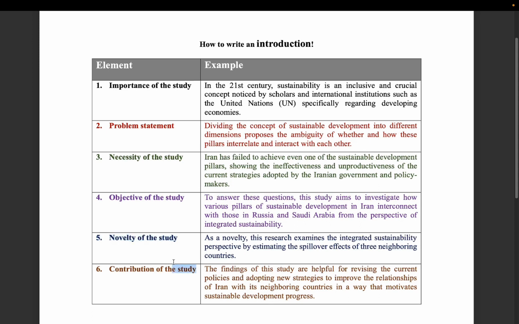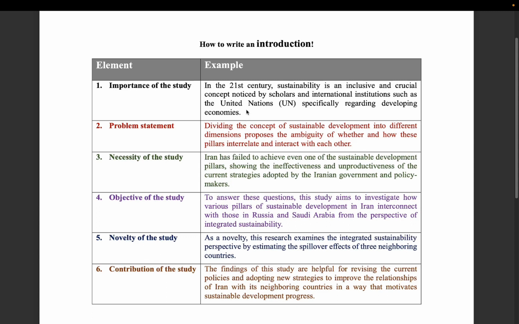And finally, the introduction is concluded with the contribution of the study, how the findings of the study can contribute to the literature or to the practical implication, how it can help other researchers, how the findings can help policymakers to have more appropriate and stronger and more effective strategies.